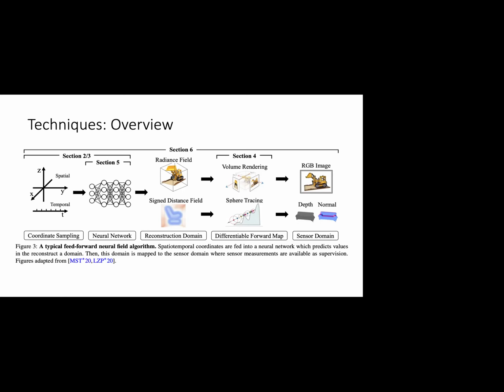Cool. Yay, Zoom meetings. Okay, so if you want to follow along in the paper, this was a figure that described a typical feed-forward neural field algorithm. So it uses a neural field, and did I touch on the MLP details? Sounds good.